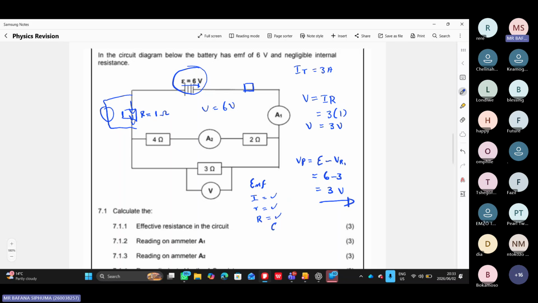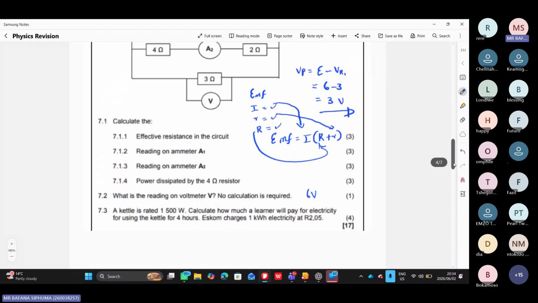So you simply use the formula EMF is equal to I into R plus r. You can substitute this one over there, that one over there, and that one over there. You see, so there's no need to go along with that method. Okay, thanks. All right, no problem.